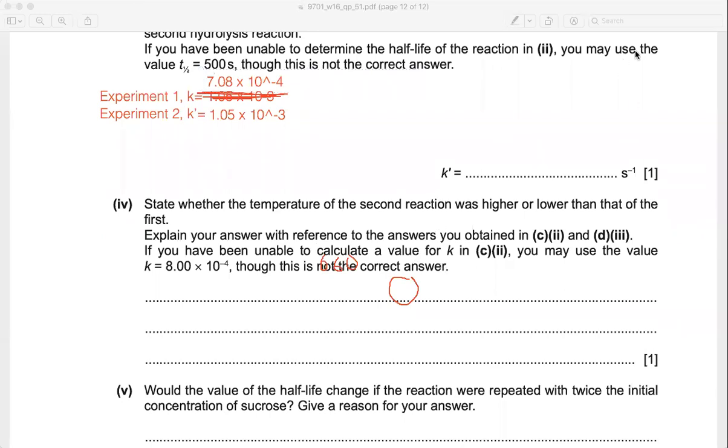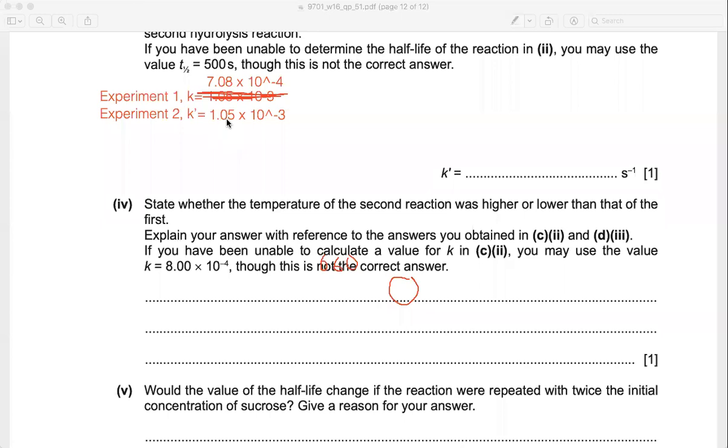So what they're asking now is, state whether the temperature of the second reaction was higher or lower than that of the first. Now, if the rate constant is higher, then obviously the temperature is higher, okay? If you remember, rate constant is only affected by a change in temperature. Rate constant is not affected by the change in concentration, not affected by the change in pressure or anything, but change in temperature.